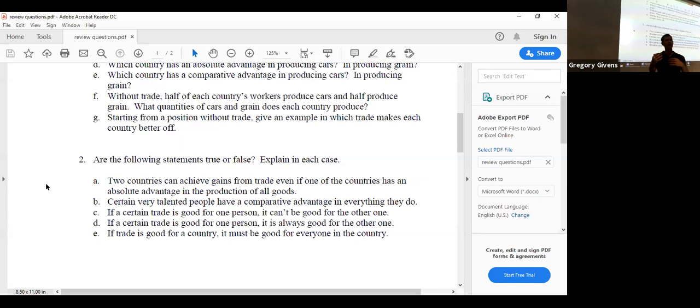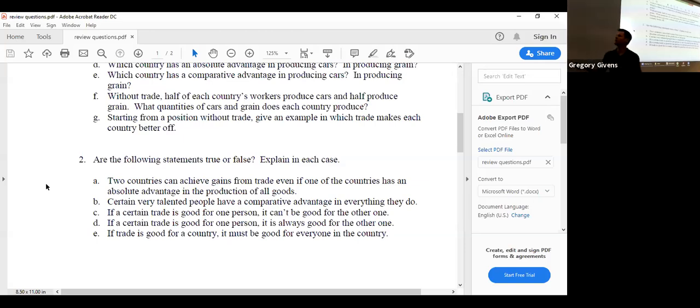Remember, the price of exchange has to be between the two countries' individual opportunity costs in order for the trade to be mutually beneficial. So just because you've identified a trade that's good for me doesn't mean that we've identified a trade that is also good for you.